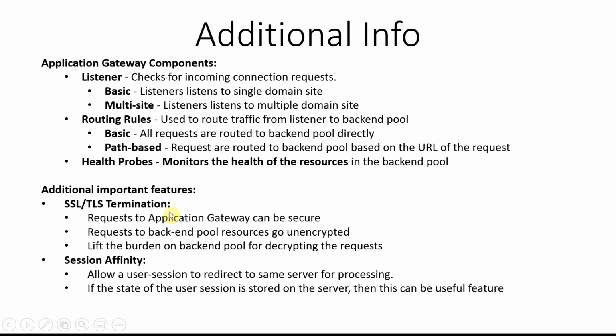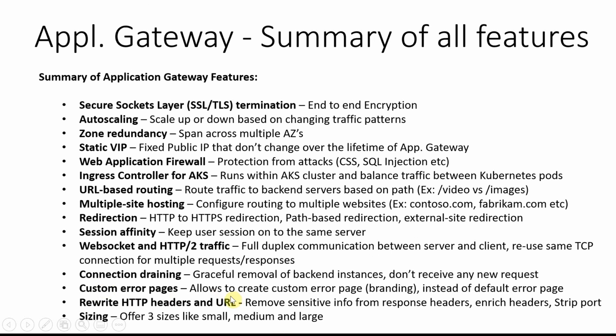Then SSL TLS support, then session affinity support. These are the features which are mostly used. It is just a summary of all the features because I see a lot of questions coming in the exam. I'm talking about the architect exam, just preparing.